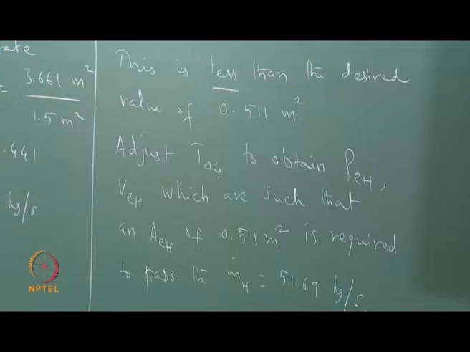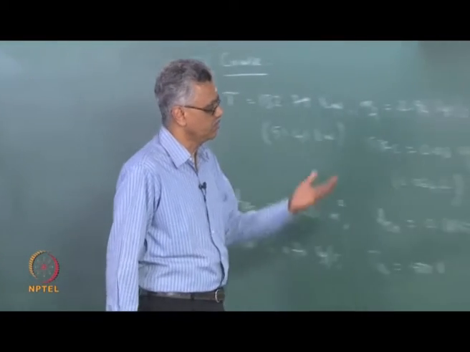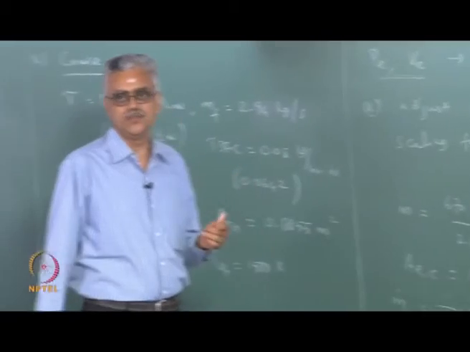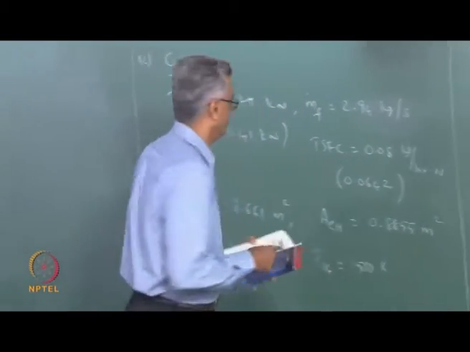And you can already guess which way we are going to change the temperature. Are we going to increase T04 or decrease T04? We have to decrease T04, so that is understandable.